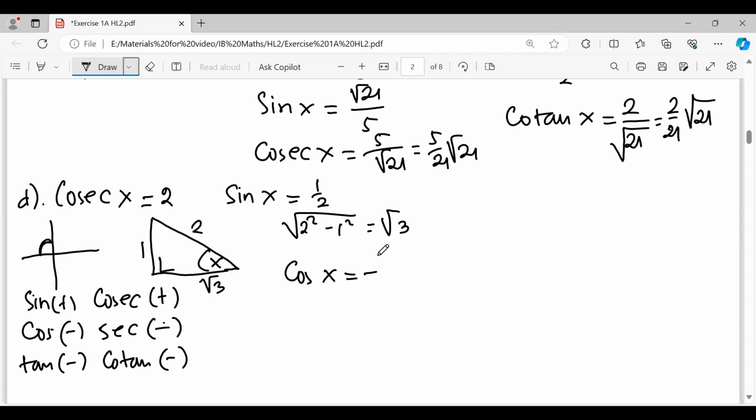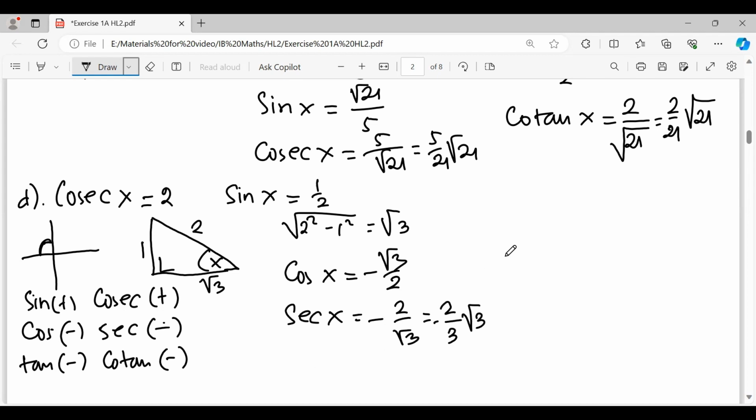Root 3 over 2, negative. Secant is minus as well, the opposite of cosine, or minus 2/3 root 3.